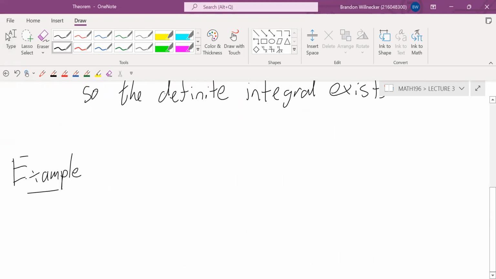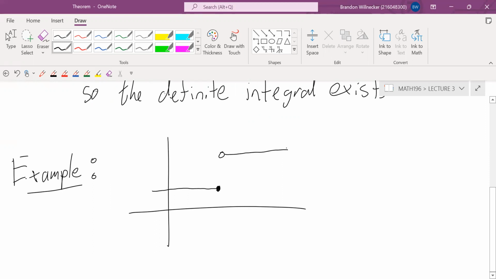So let's say we've got a function here, maybe it takes on a constant value up to this point, and then it takes a different value after that point. Maybe this point is x equals 1. So let's say it goes from having a value of 2 to having a value of 3. Now, before x equals 1, the function is continuous, no problem there. After x equals 1, the function's continuous, no problem there.